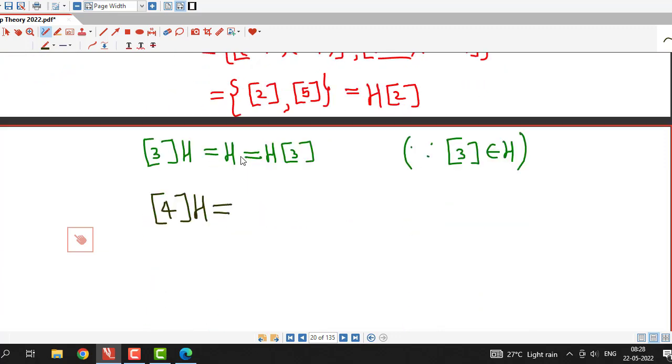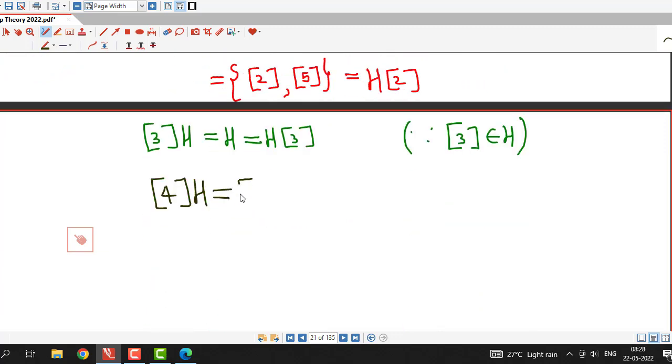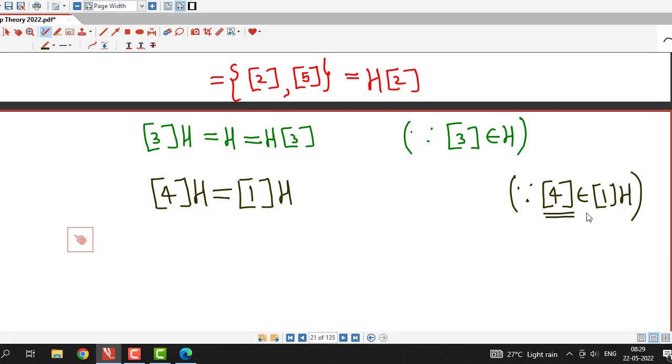So using that property we can write that this is going to be 1H, because this 4 is present in the left coset corresponding to equivalence class 1. Therefore these two are equal, and we have obtained this.